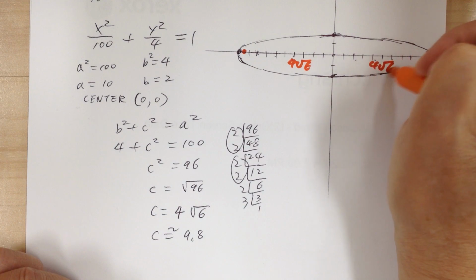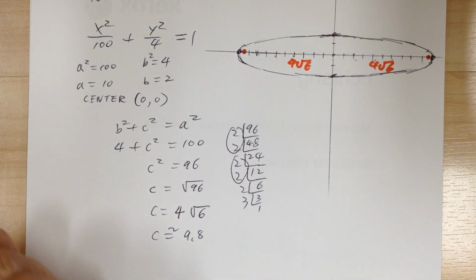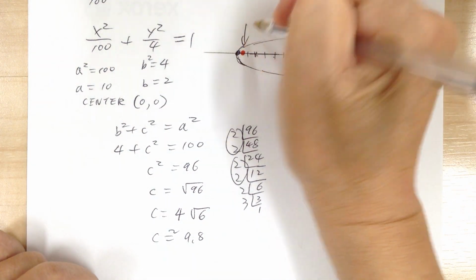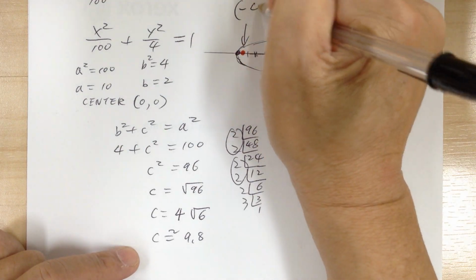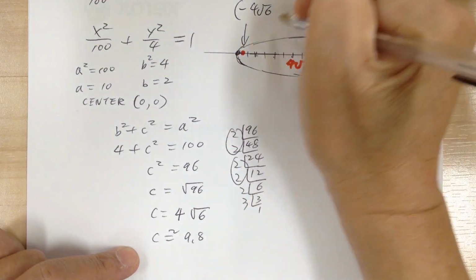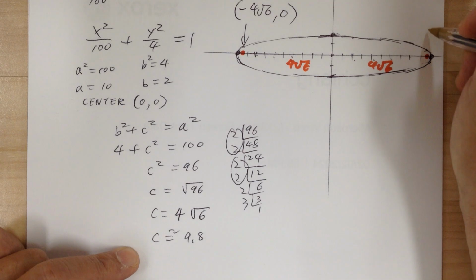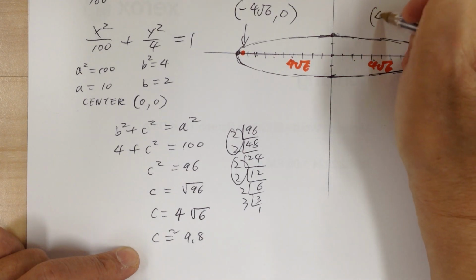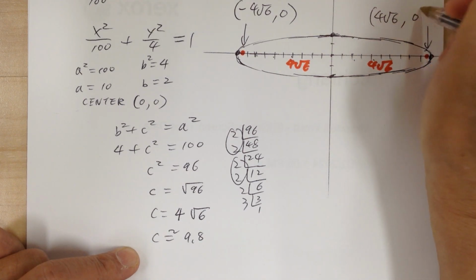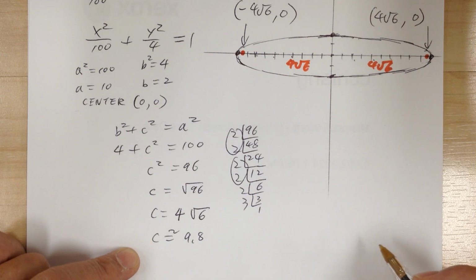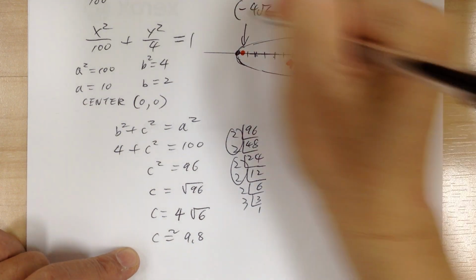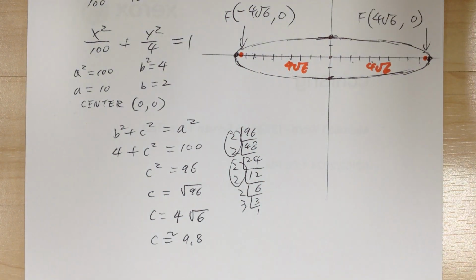So your coordinate over here is going to be negative 4 square root of 6, comma 0, because you're going backward. This one over here is going to be 4 square root of 6, comma 0. Those are your foci. Again, when the problem gets hard, take your time and do it step by step.